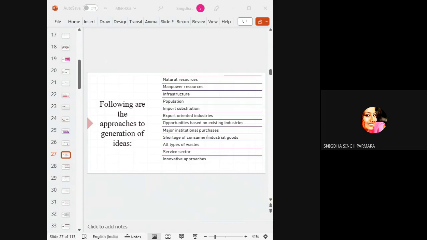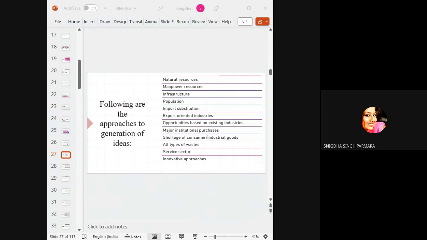So under such circumstances, you could figure out which are the intermediates or semi-finished goods or even the finished goods that were imported in significant quantities from other nations that you could think of substituting now. So a lot of business idea generation could be done from those areas.